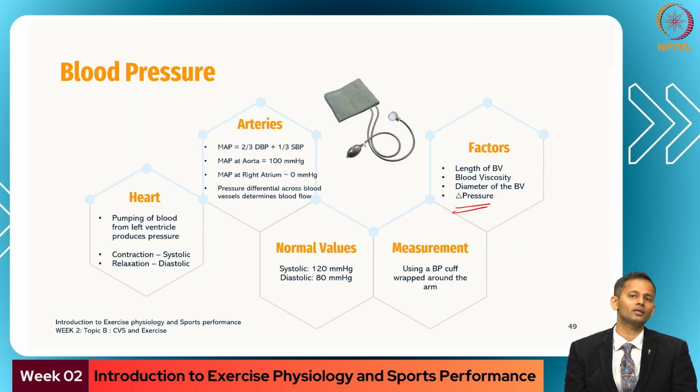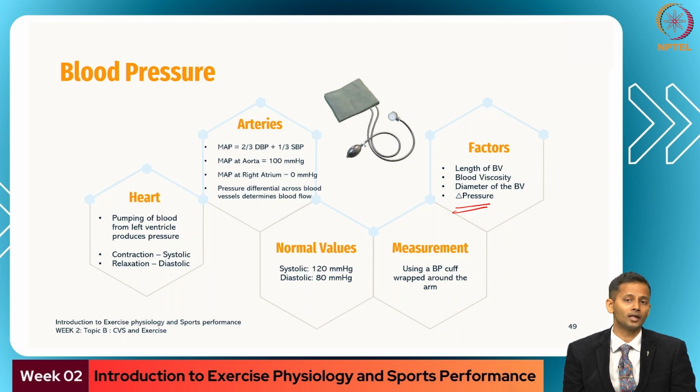In addition to that, there are various factors which contribute to the blood pressure. It depends on the length. The longer the blood vessel, the blood pressure will be different. Blood viscosity, we discussed earlier as well. If the blood is thicker, then the resistance is more, so the pressure measured will be more, and the pressure required to deliver the blood will also be more.